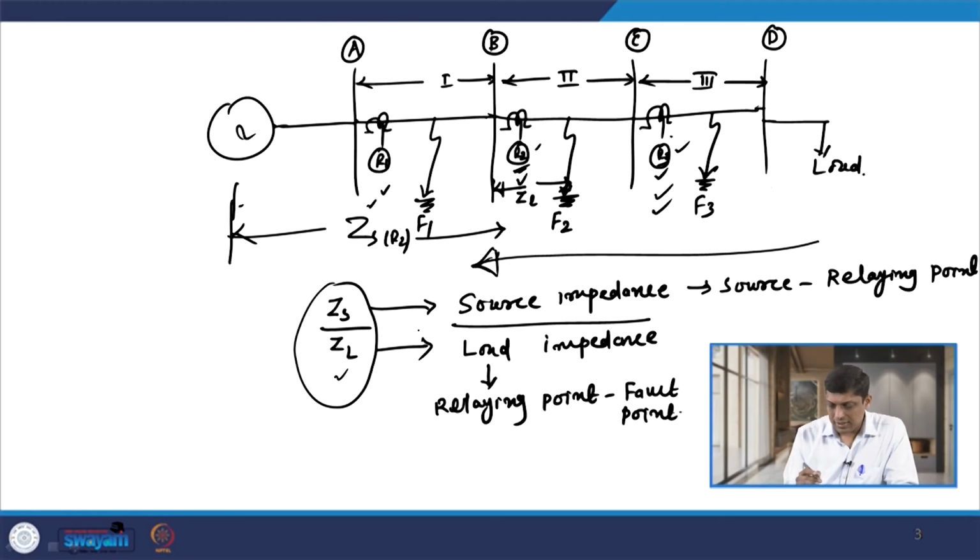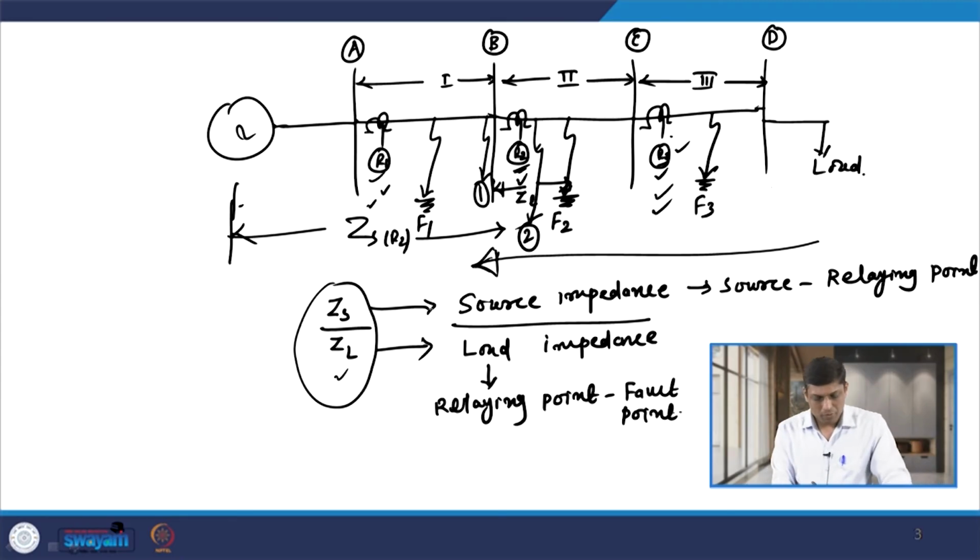So, what is the effect? Suppose there is a remote end fault at point 1 in line section 1, and a very close in fault in line section 2, at point 2. Then, due to the effect of this ZS by ZL ratio, relay R1 is not able to provide effective discrimination between the remote end fault in section 1 and the close in fault in section 2.